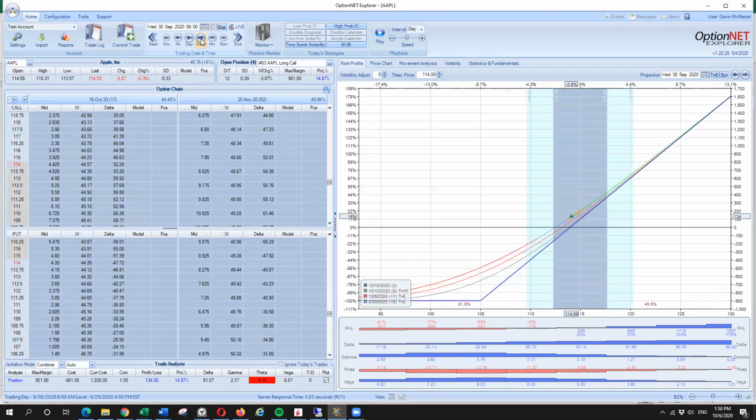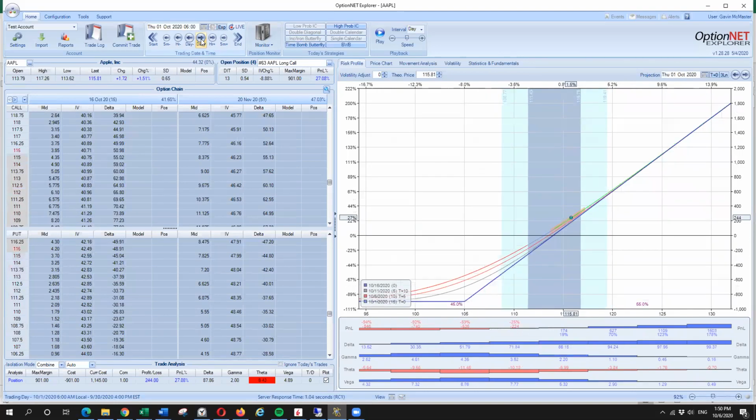Until we finally come into a profit on the trade. And there, so we're getting quite closer to expiry here, and we're getting up towards the top of the graph here. There's much less difference between those interim dates and the expiration graph.